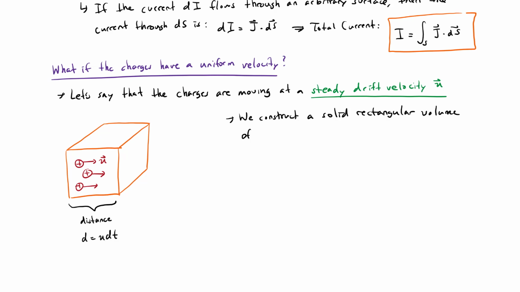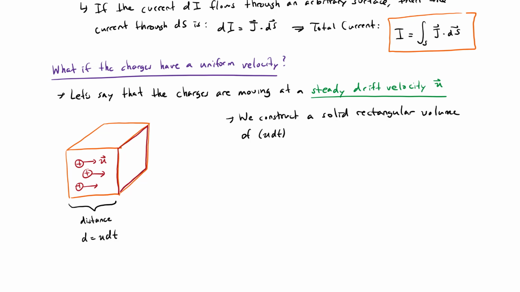So therefore, when we take a look at this, we know that the solid rectangular volume is going to have dimensions of u dt. And what is this called? So we have the length.